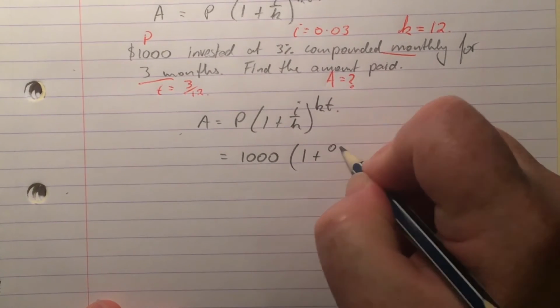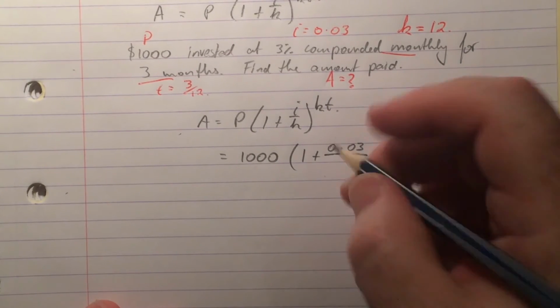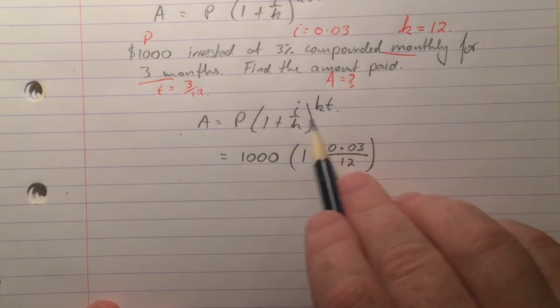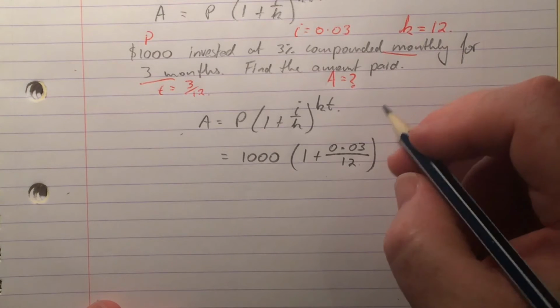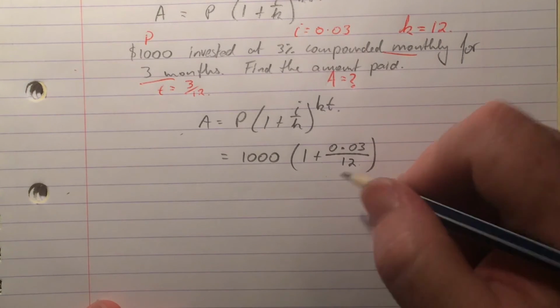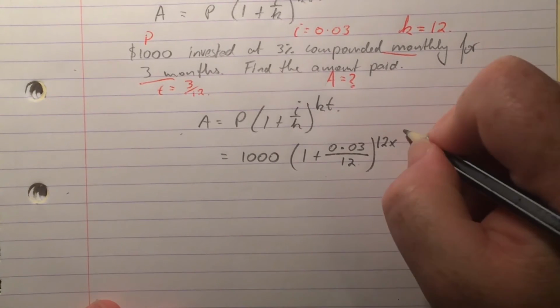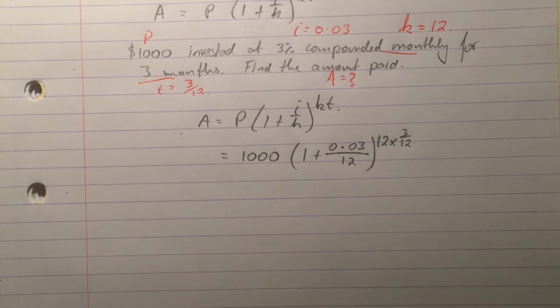The interest rate, 0.03. The number of rests per year, 12. And then KT will be K, the number of rests per year, 12, times T, the term of the investment, 3/12.